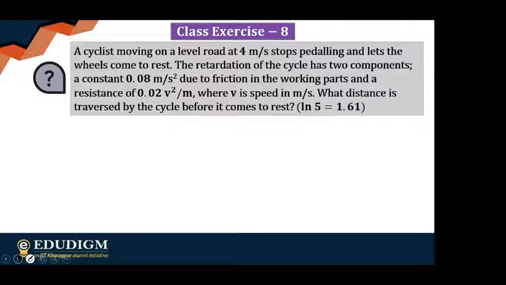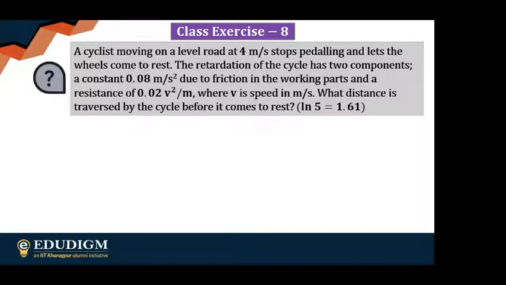A cyclist is moving on a level road at 4 meters per second. So there was this velocity going on. He just stops pedaling and lets the wheel come to rest. So obviously there will be a retardation and it will come to rest. This retardation has two components. The first one is constant due to the friction.